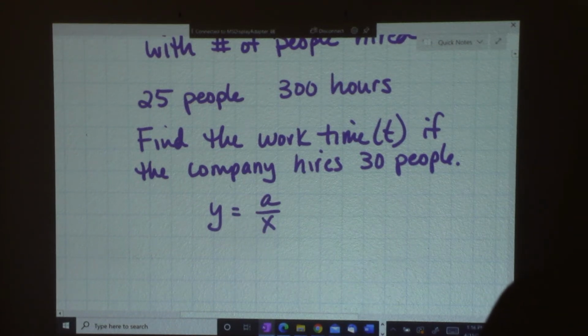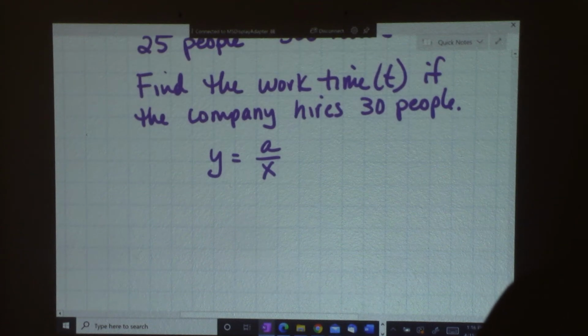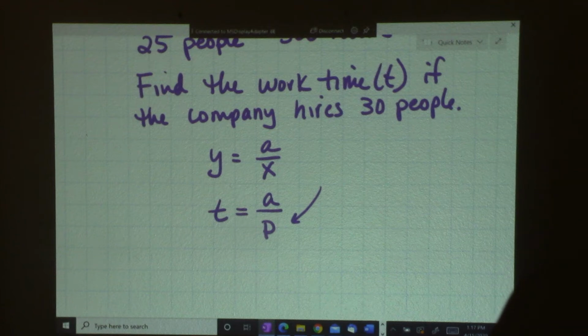That's why. All right, so we're using y equals a over x. Varies inversely. So that's the clue, that word that tells me I need that formula. Okay, so I have time that varies with the people. I'm going to call the number of people P, and the more people I have, that changes the time. So P, the number of people, is my independent variable, and T is dependent on that.